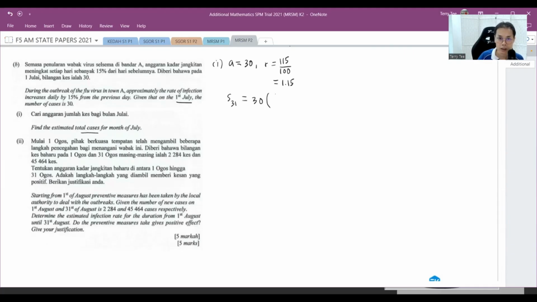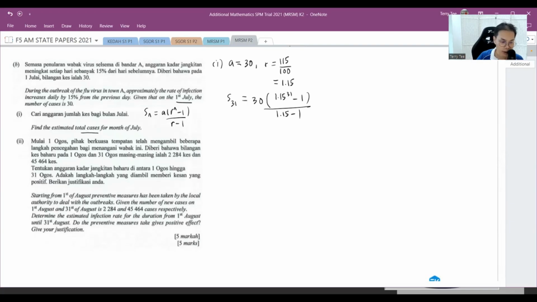For r more than 1, normally we use this one, but if you use the other formula, 1 minus r^n over 1 minus r, you will get the same result. It's just a negative value divided by a negative value, and eventually you still get a positive value. So r is 1.15, and we have (1.15^31 minus 1) divided by (1.15 minus 1).